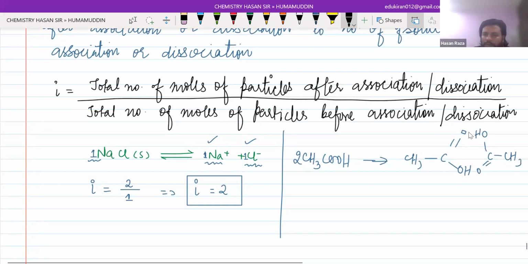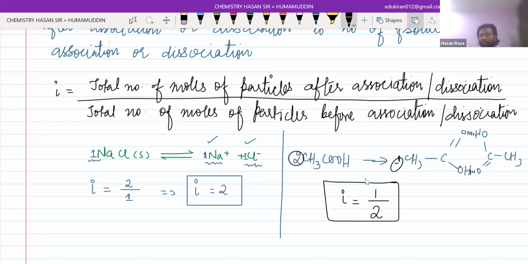What happens here? There will be hydrogen bonding between them. If you want to calculate the value of i, you can see it was 2 moles, but now it is 1 mole. So this is association: after association it becomes 1, and before association it is 2 moles. So the value of i here will be 1 by 2.